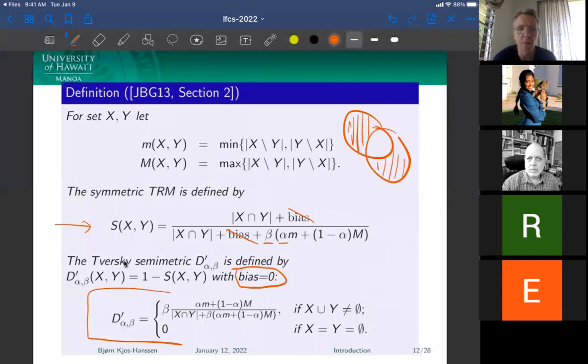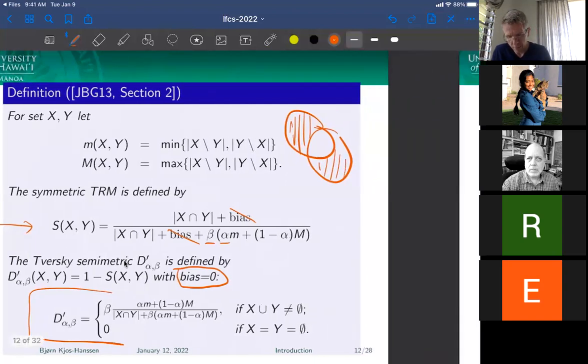So the question is, for which alpha and beta is this actually a metric? It's a pretty elementary question to state, which is why it was amenable to being formalized in the proof assistant without too much trouble.